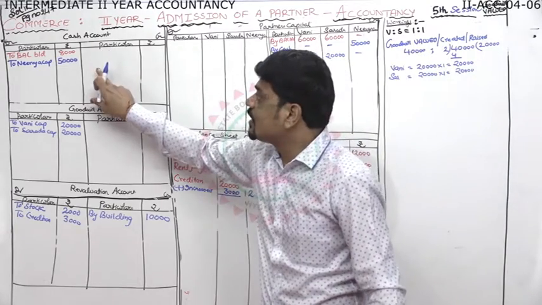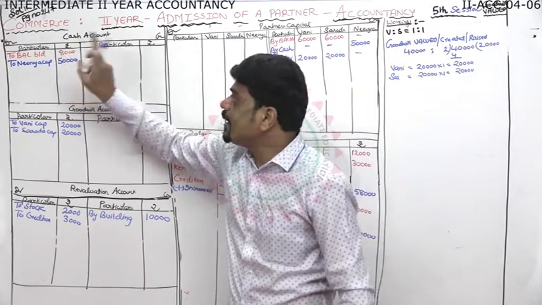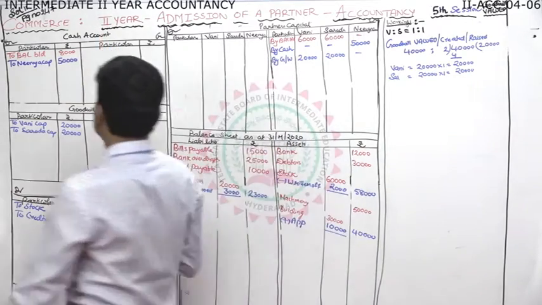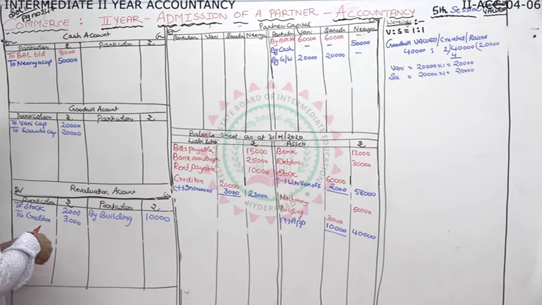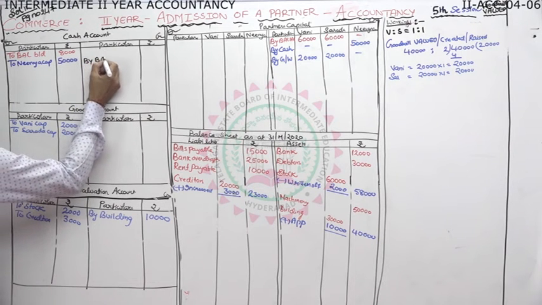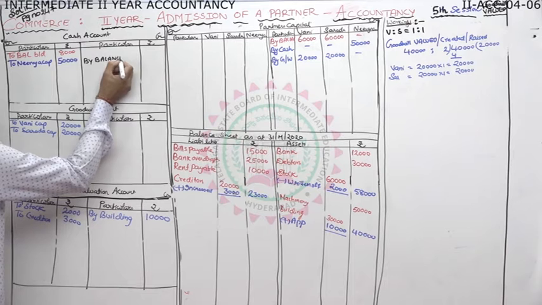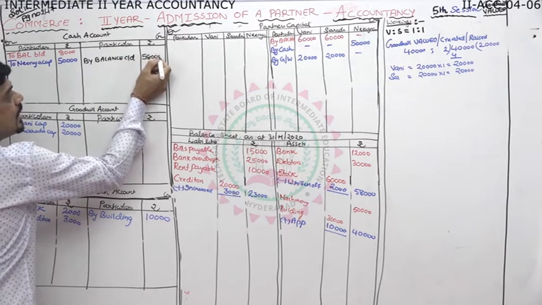Now if you see cash account, it's very easy. Nothing is there on credit side. 50 plus 8, 58. So directly you can close the cash account by writing here the new balance of cash as by balance carried down. How much is the cash? 58,000.